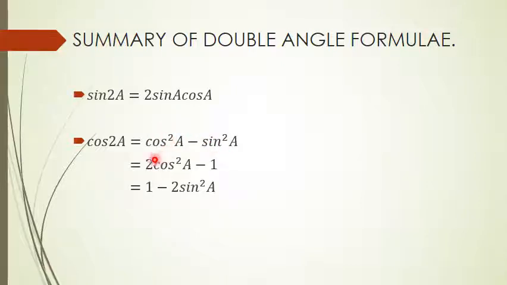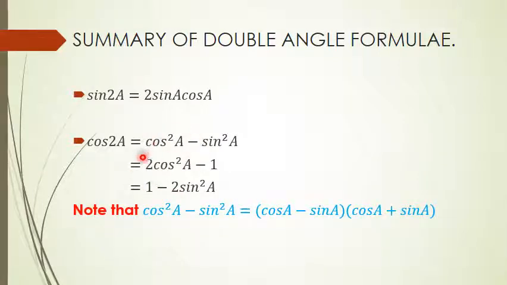If the result you want to produce has only cosine, it is advisable to choose this one which has cosine. And if the result you want to produce only has sine, then you can try using 1 minus 2 sine squared a.